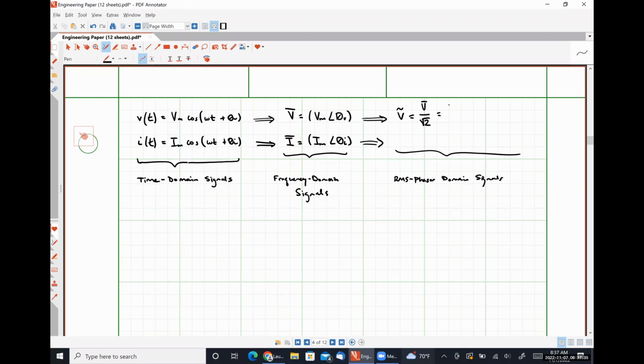So this is going to be Vm over root 2 angle theta V, or V effective angle theta V. And similarly for currents, we have Im over root 2 angle theta I, which is simply I effective angle theta I.